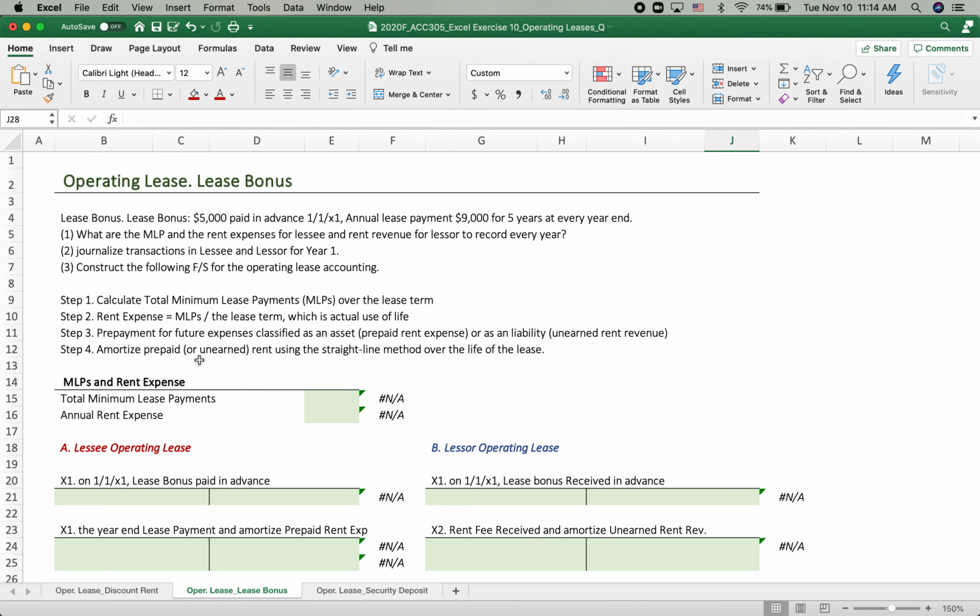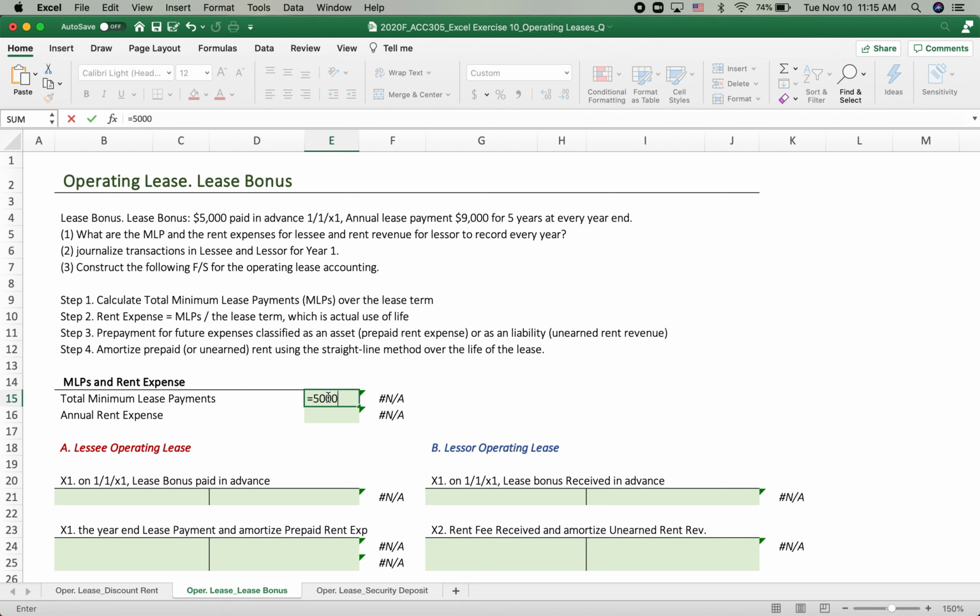And then prepayment recognition for future expenses is classified as an asset, prepaid rent expense, that is the deferred asset account, or as a liability for the lessor, where I should recognize unearned revenue, which is the deferred liability. And amortize the prepaid or unearned revenue or the expense using the straight line method over the life of the lease. Okay, so let's calculate the minimum lease payment first.